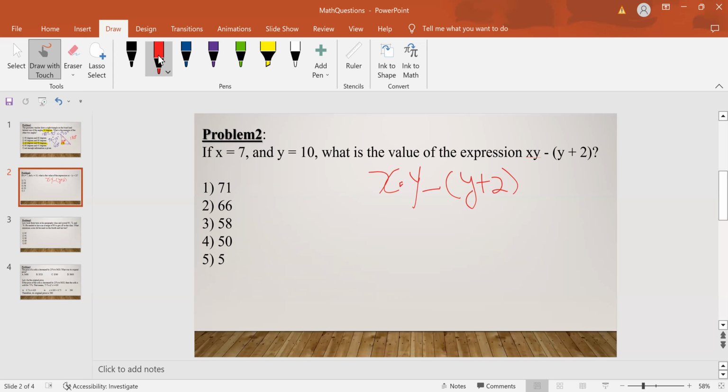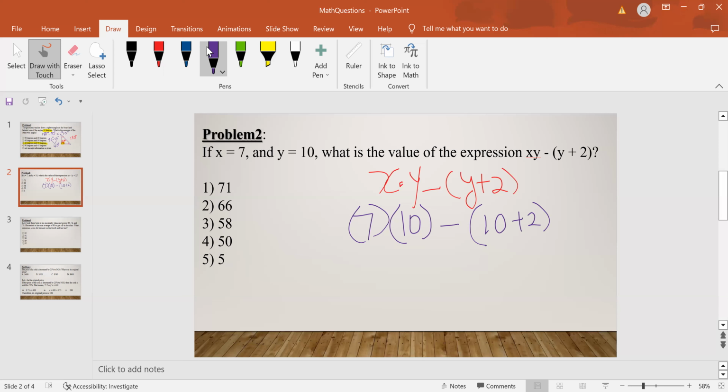So here we just substitute the x and y values in the expression. We take x, which is 7, multiplied by 10, because y is 10, minus parentheses y, which is 10 again, plus 2.